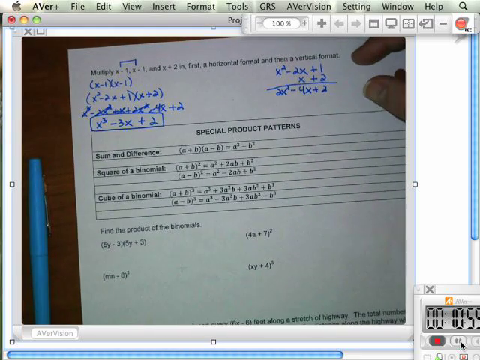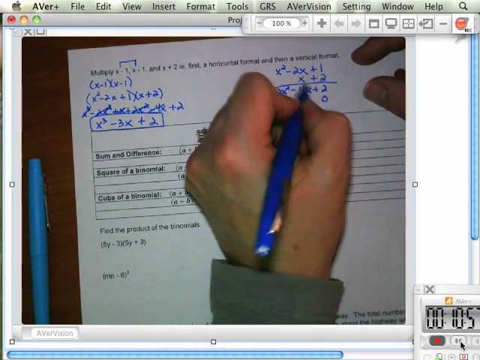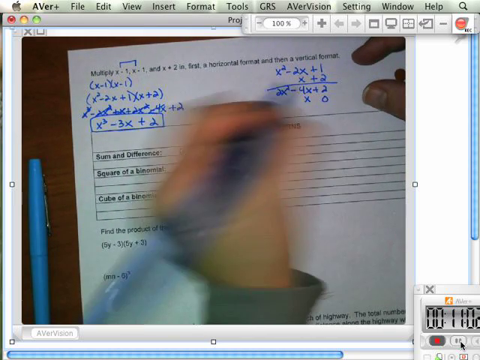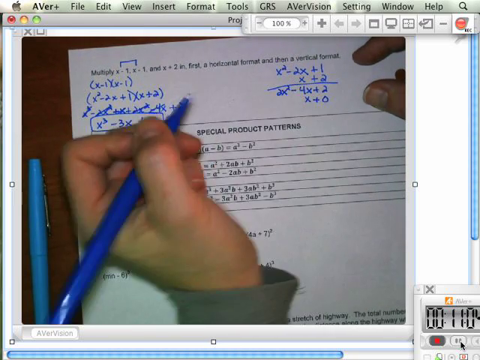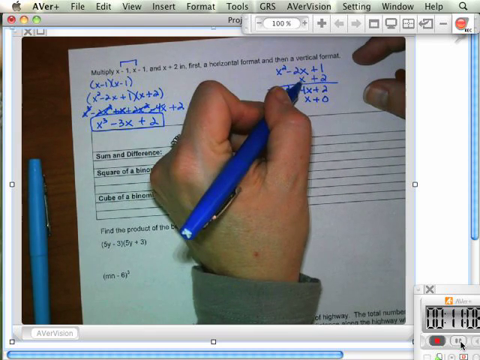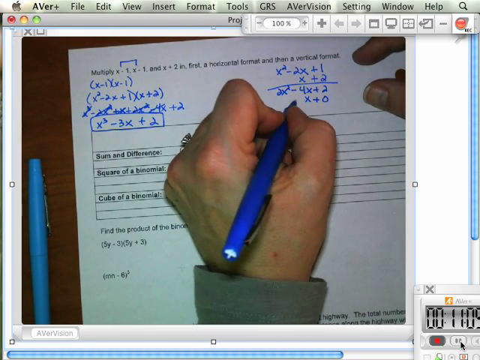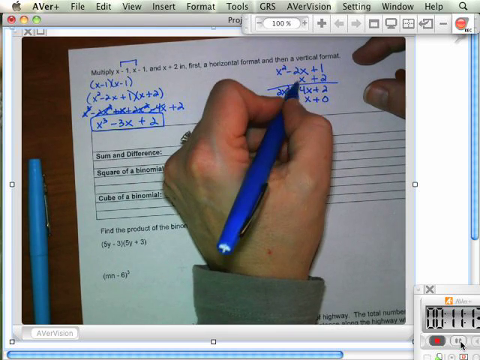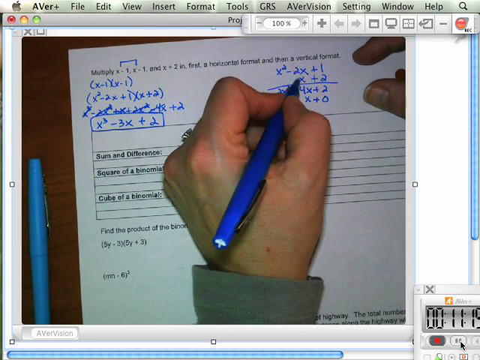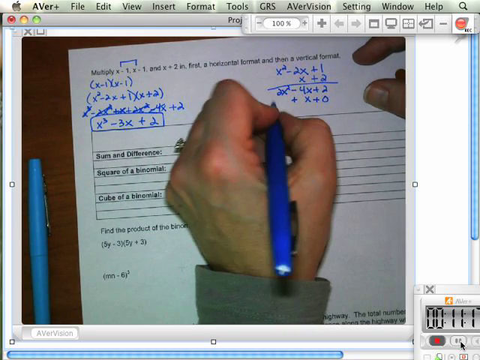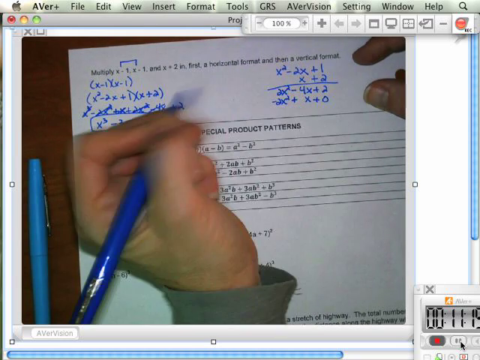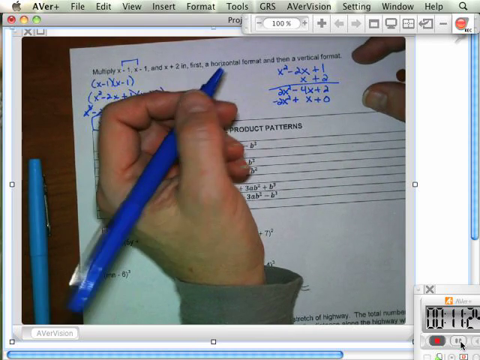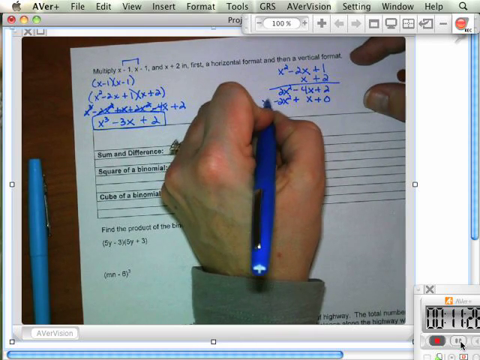Okay, and then I'm going to hold this spot because I'm moving over here. And x times 1 is just x. X times 1 is a positive x. And then x times negative 2x is negative 2x squared. And then x times x squared is a positive x cubed. So I'm just going to write x cubed here.